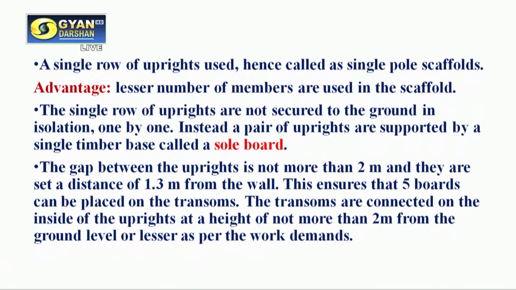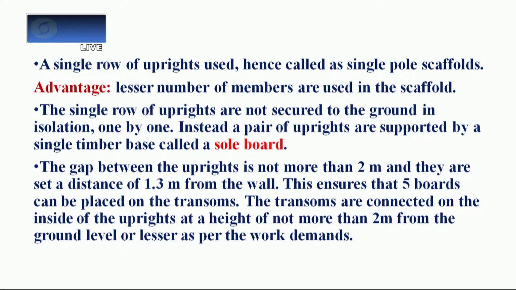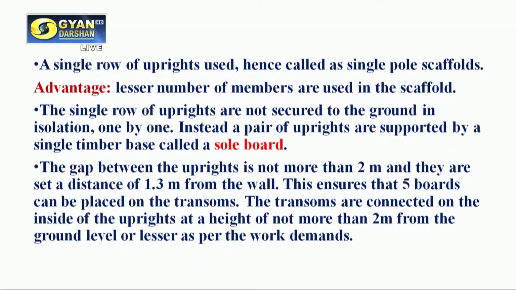So for a pair of uprights, one sole board is there, where in case of the double pole or independent, we are providing this sole board for each individual upright. The gap between the uprights is not more than 2 meters and they are set at a distance of 1.3 meters from the wall.